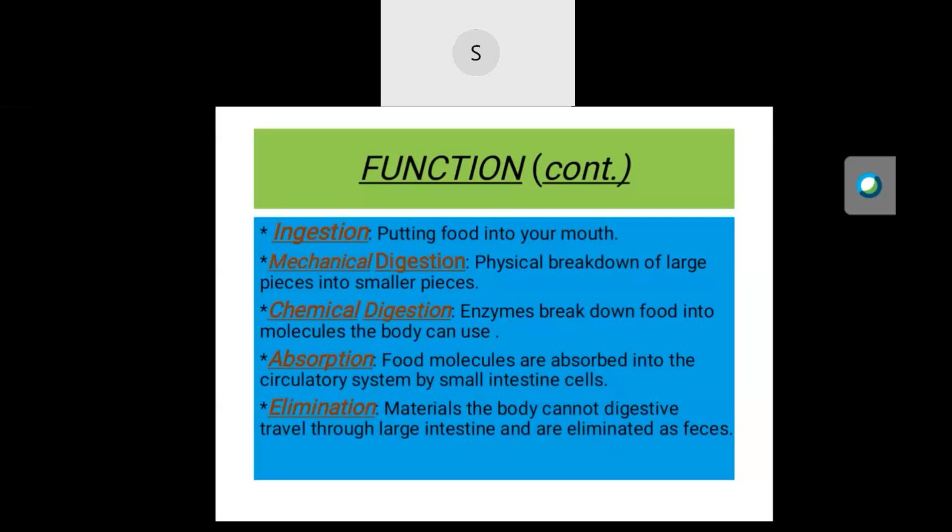Mechanical digestion is the physical breakdown of large pieces into smaller pieces, and in chemical digestion, enzymes break food down into molecules that the body can use. In absorption, food molecules are absorbed into the circulatory system by small intestine cells. And finally, elimination: material the body cannot digest travels through the large intestine and is eliminated as feces.